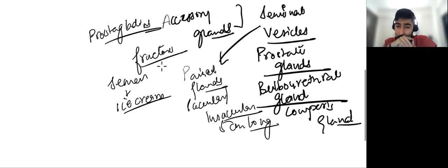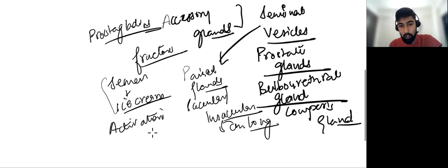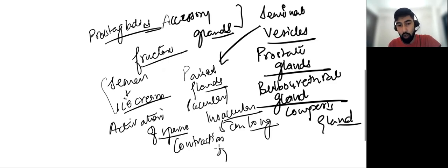Now let's discuss the uses of the seminal fluid. First function is activation of sperm, and second, it helps in contraction of the female reproductive tract, FRT.